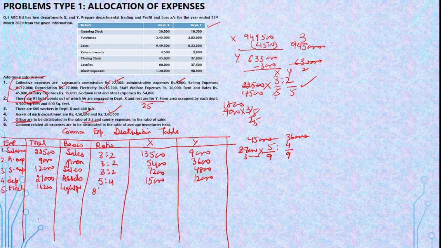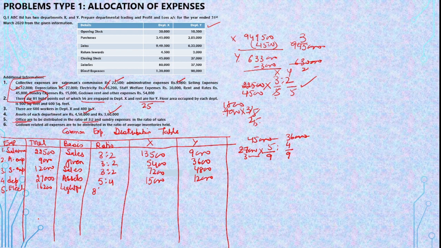Yes, 600 workers in X and 400 in Y. So 600 is to 400, ratio is 3 is to 2. In 3 is to 2 ratio, this will be distributed. That means 3/5 of 30,000: 18,000 for X, 12,000 for Y.